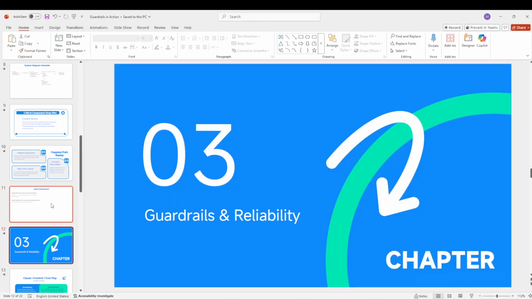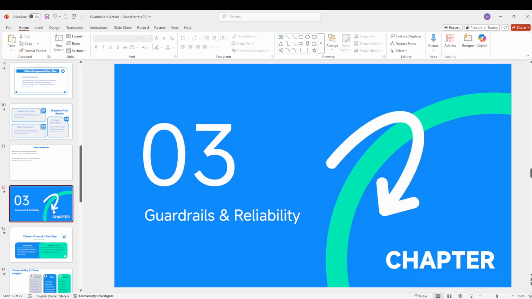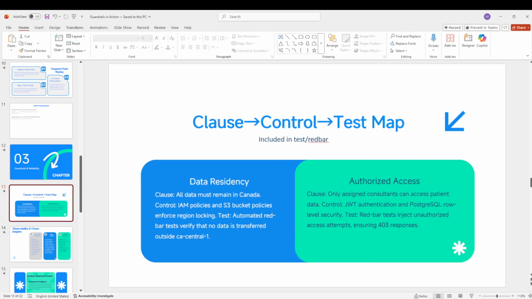Moving on to guardrails and reliability. Our class control test is shown here, included in our test/redbar file in our Capstone project repository.